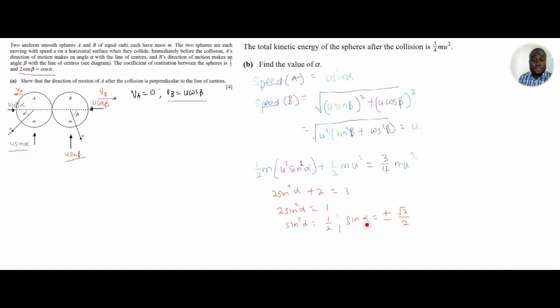Now, looking at the angle alpha, it's an acute angle, so the sine of it just has to be positive root 2 over 2. So that's how come I'll select sine alpha to be that. If this is true, then alpha is sine inverse of root 2 over 2, which is 45 degrees, or pi over 4 radians.